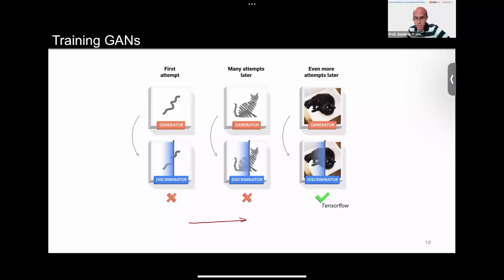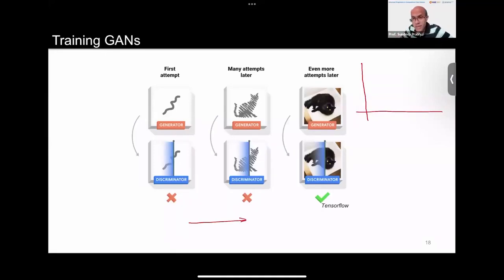Now, for this training to proceed as expected, you have two losses: the generator loss and the discriminator loss.